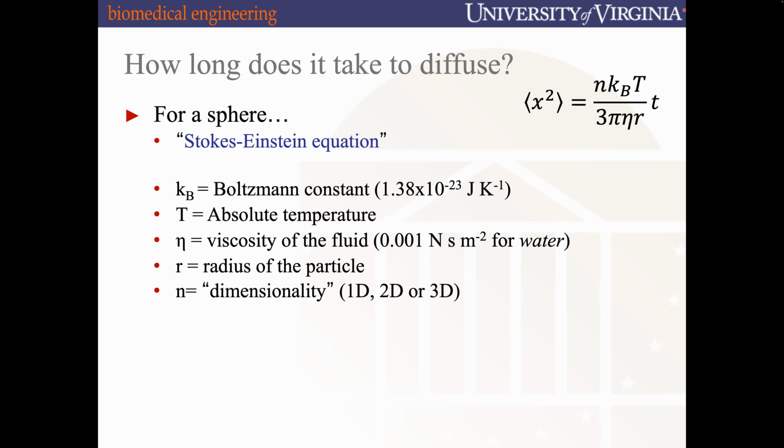In the equation on the left, the x squared in triangular brackets stands for the mean square distance. So x is distance, squared so that it's positive, and then we take the mean over time. The different constants and components of this equation are listed.